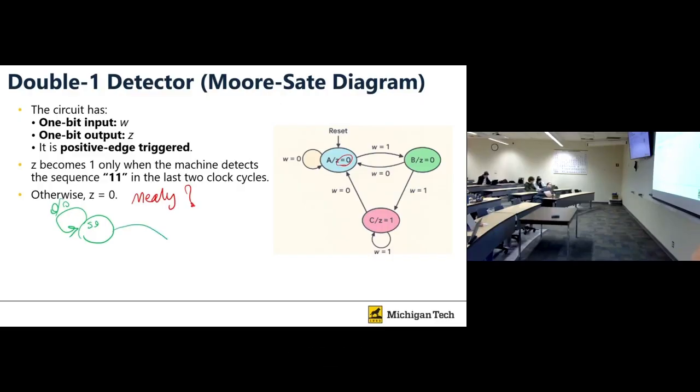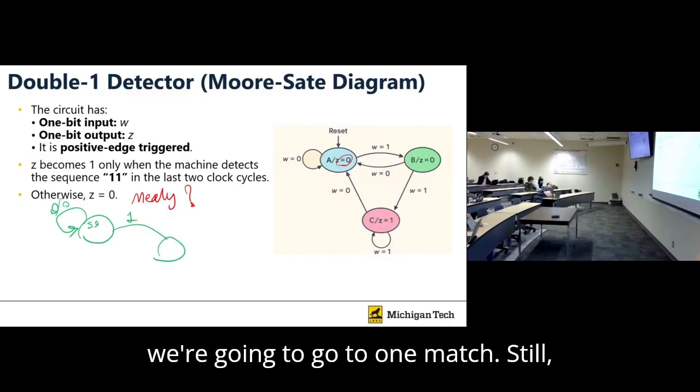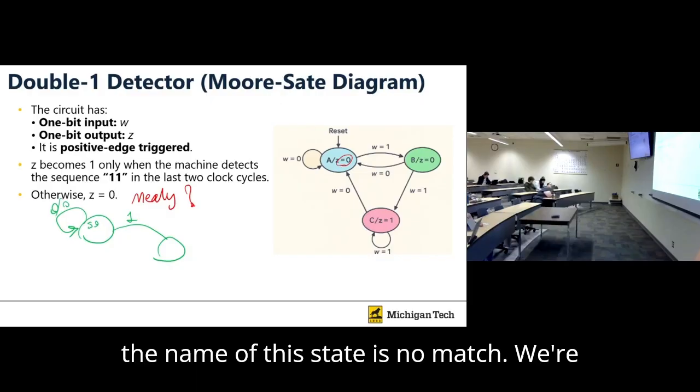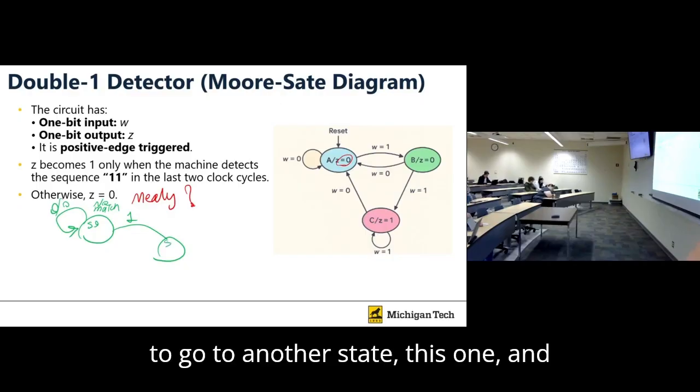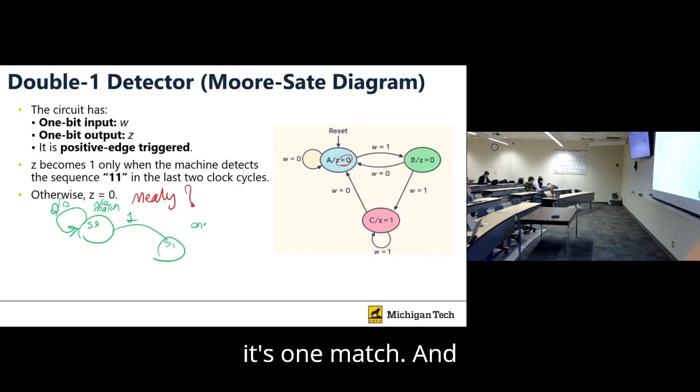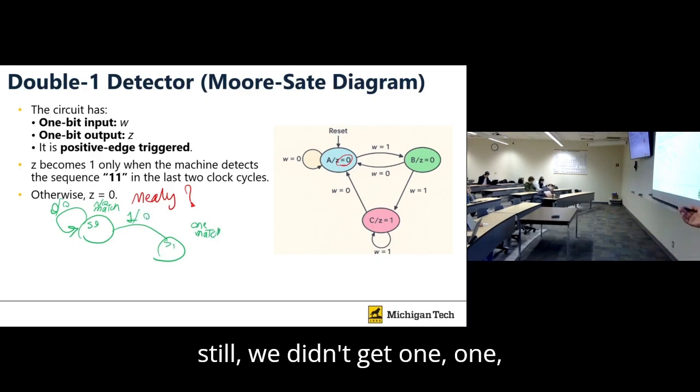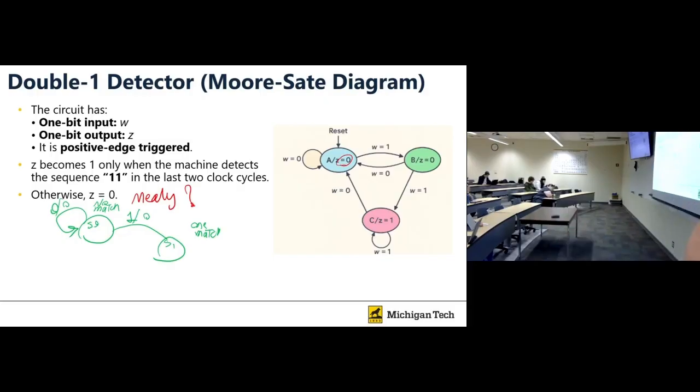When 1 comes, we go to 1 match. Still, the name of this state is no match. We go to another state, S1, which is 1 match, and still we didn't get 1, 1. In state 1, if 1 comes, we stay in this state.